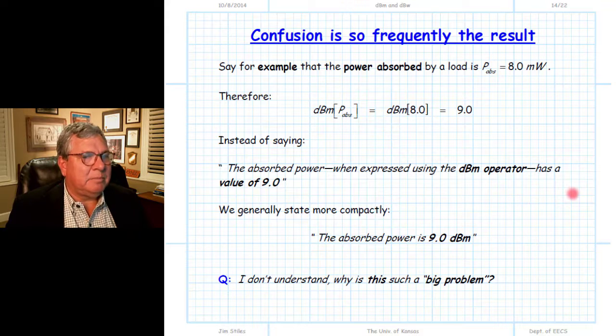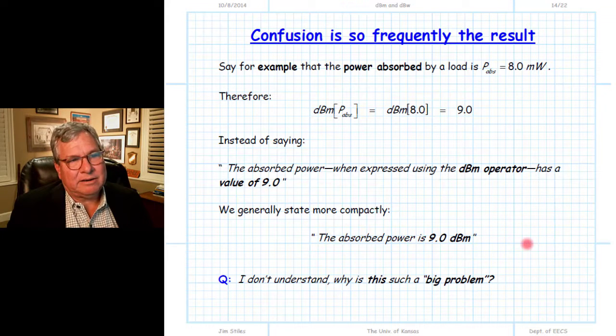Those would be complete, detailed, unambiguous statements. Instead, though, we use something more compact. We say, generally, as engineers, the absorbed power is 9 dBm. And that's where the problem comes in. Why is it so much of a problem to say the absorbed power is 9 dBm?